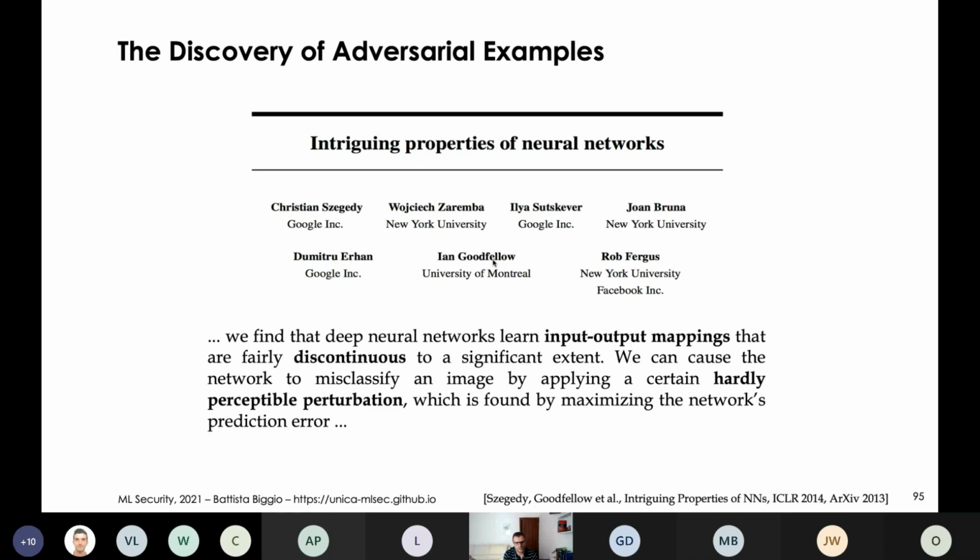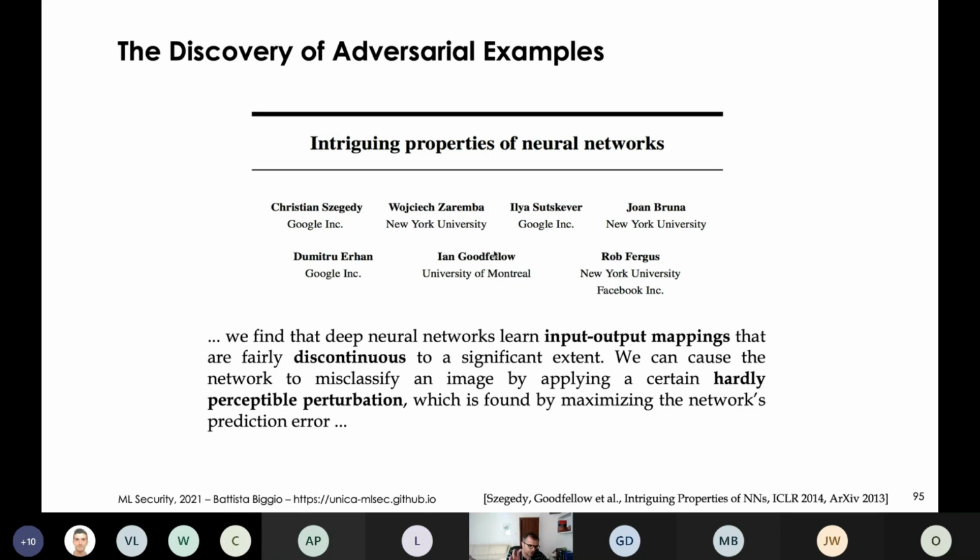This paper was published, and here you have Christian Szegedy from Google Brain, Ilya Sutskever, and Ian Goodfellow, which are probably the most popular ones. What they wanted to do was to understand how robust is the mapping that these networks are able to learn.